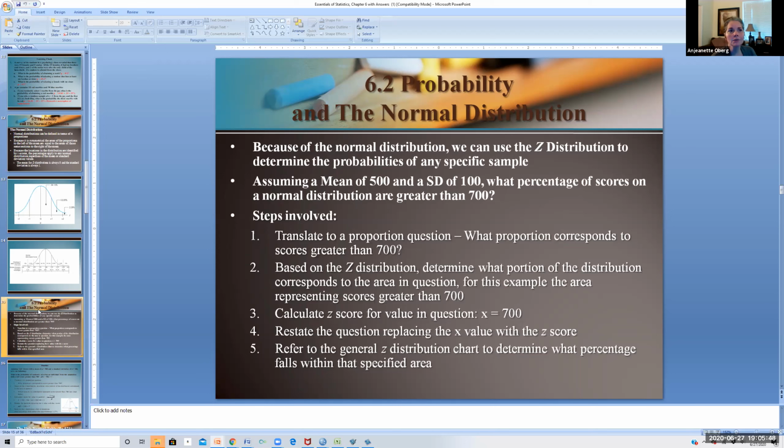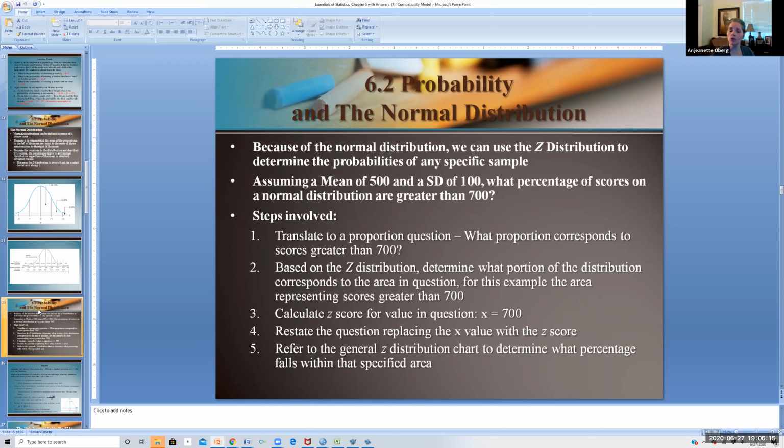Because we know these properties exist with normal distributions, we can use the z-distribution to help us determine those probabilities. So now a z-score can actually help us as an inferential tool, okay? Assuming we have a mean of 500 and a standard deviation of 100, then we know a z-score of 1 is going to be equal to a score of 600.